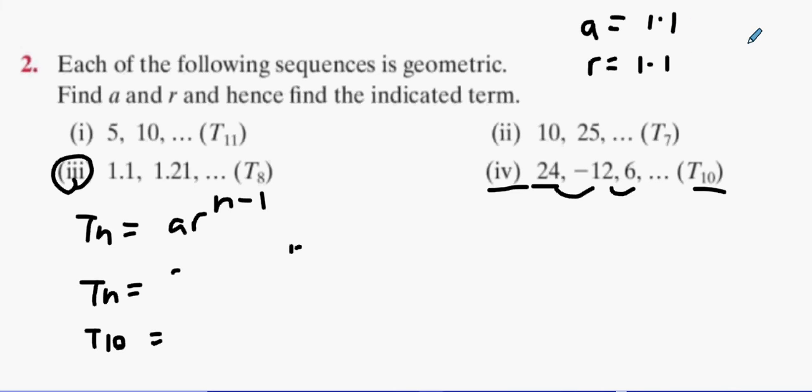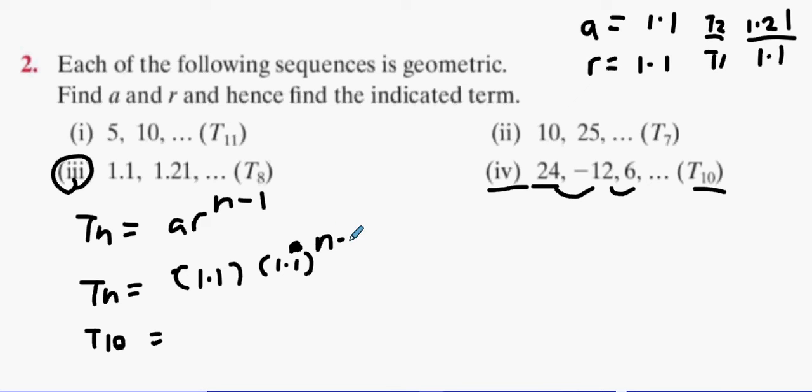How did I get that? 1.21 divided by 1.1, or T2 divided by T1. And then what we should get there is 1.1 by 1.1 to the n take away 1, isn't it? But we're looking for our T10, are we? So what's that? 1.1 multiplied by 1.1 to the power of 9.